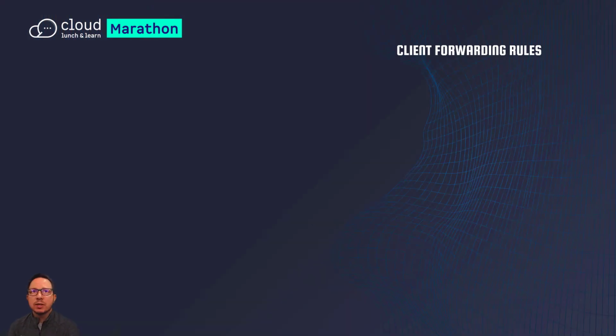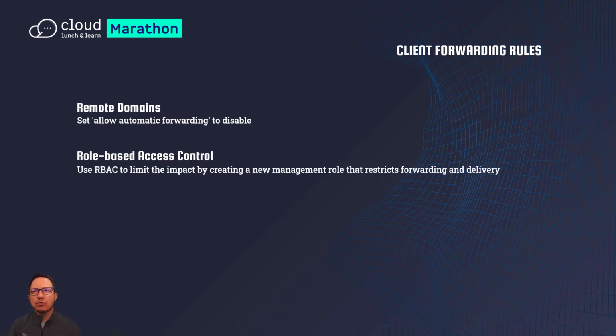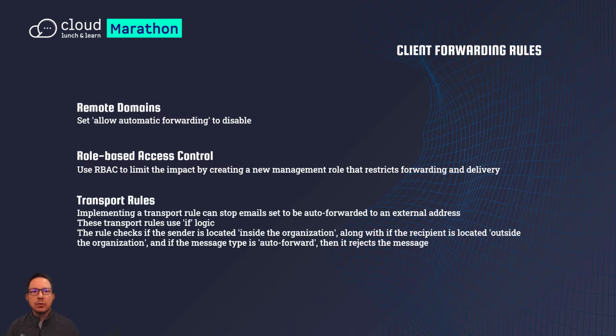So from a forwarding perspective, what are the options available to us for setting? Well, we can first go into Exchange Online and disable allow remote forwarding or automatic forwarding for remote domains. We can disable that. We could also use role-based access control to limit the creation of that and the delivery of that. Or we can do what I class as the old school way, which is our transport rules, where we implement a transport rule that can stop emails being auto-forwarded.